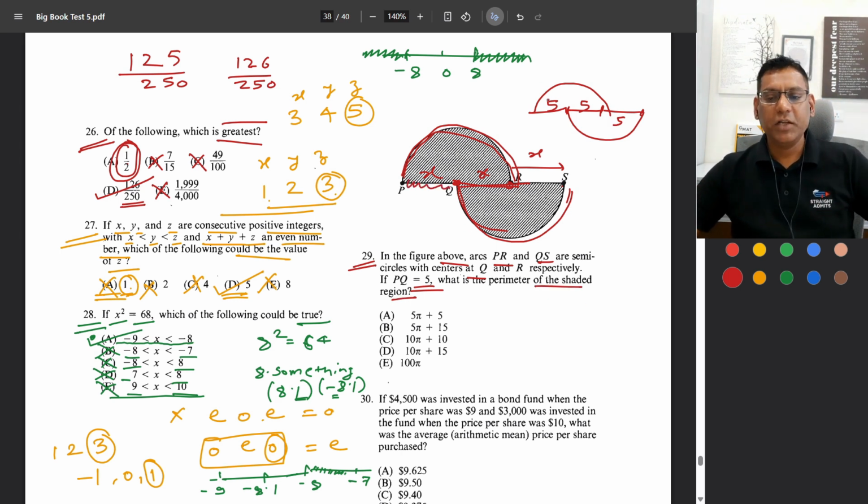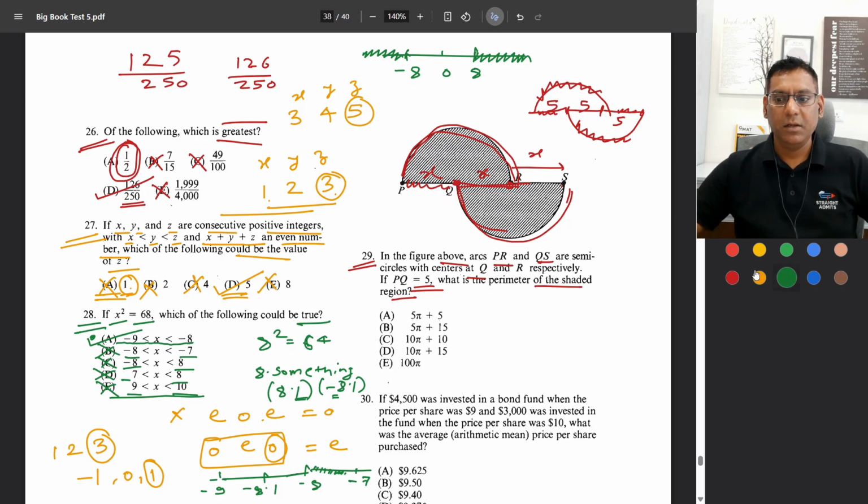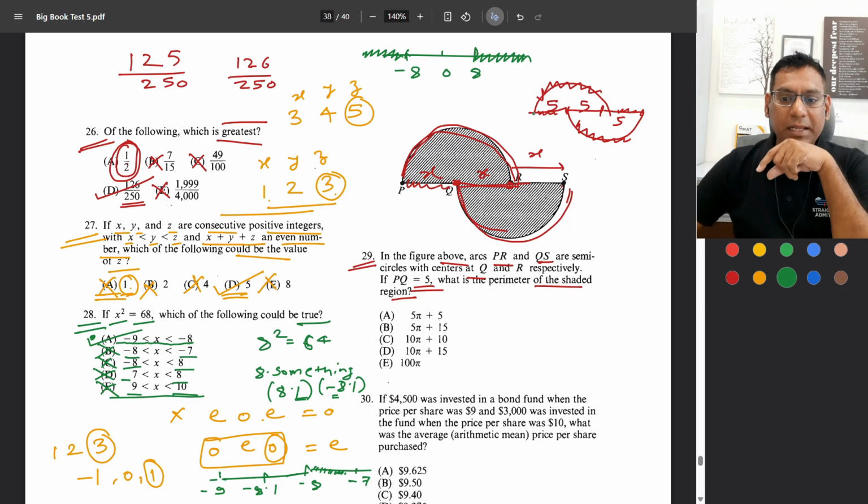The perimeter of the shaded region is going to be this semicircle perimeter plus this semicircle perimeter plus 5 plus 5, correct? But this semicircle perimeter plus this semicircle perimeter would be the same as this whole circle's perimeter, right? With the same radius, because these are both semicircles.